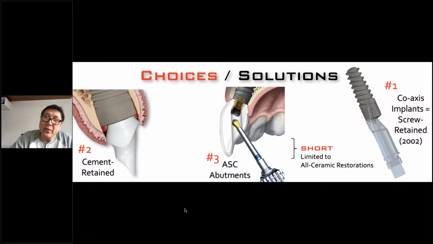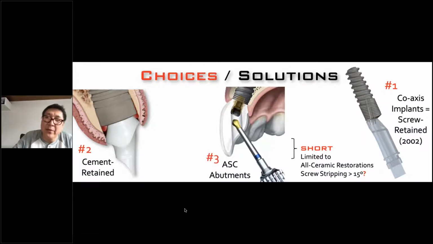It's limited right now to all-ceramic restorations, and there are limitations to how much torque you can deliver off axis. Chandra Wadhwani has published this in JPD recently, and he said that the threshold for being able to deliver 25 Newton centimeters of force is about 15 degrees, which would roughly be the incisal edge position.